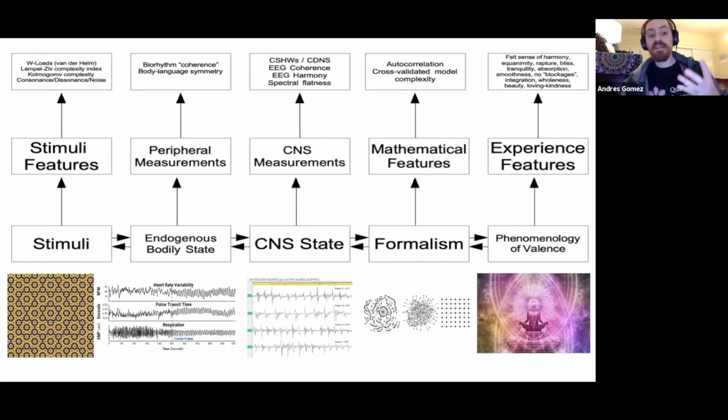Then there's the endogenous bodily state, biorhythms as well. The CNS state, what's actually going on in your brain. Then the formalism, and then the phenomenology of valence. And basically, when you have high valence, we expect, and what we see, is symmetry all across the board in each of these different ways of looking at the state of consciousness.